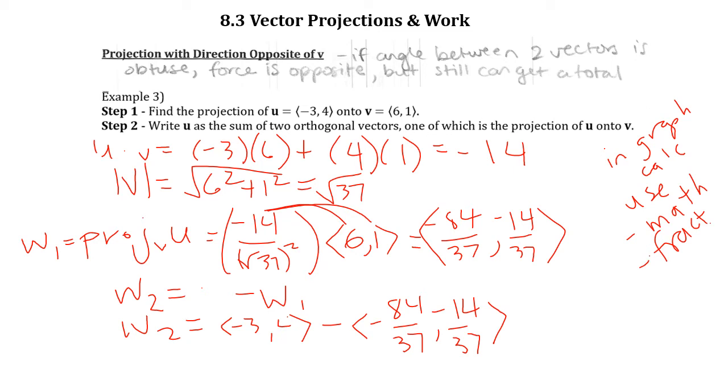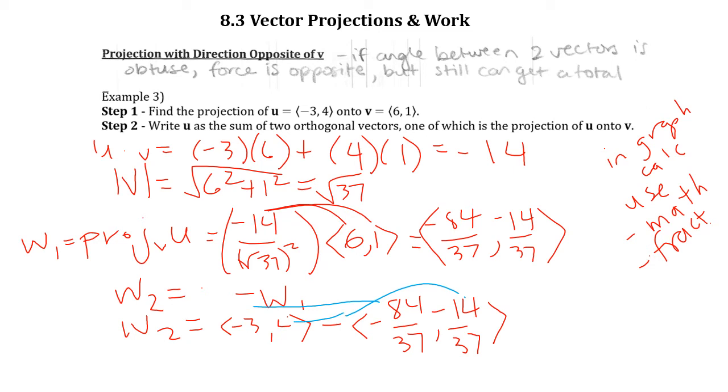So you're going to do negative 3 minus negative 84 divided by 37. Then you're going to do 4 minus negative 14 divided by 37.